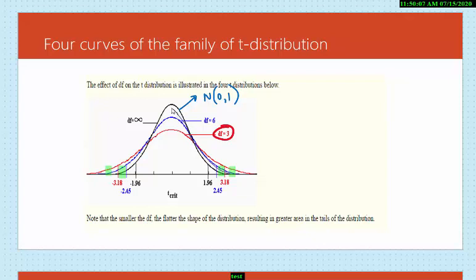And remember, the black curve is nothing else than the normal distribution. Let's say this purple one that I created right here is degrees of freedom equal to 20. The closer you go to 30, you will find yourself on the black curve. So the normal curve is approximately equal to the curve from the T distribution where df is equal to 30, approximately. There are some differences, of course.